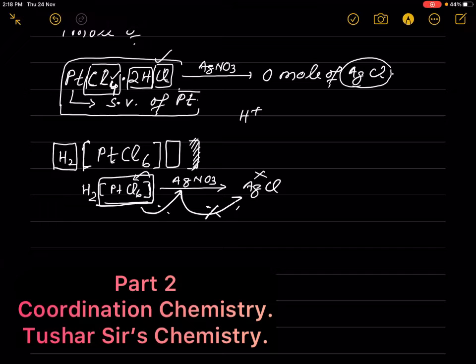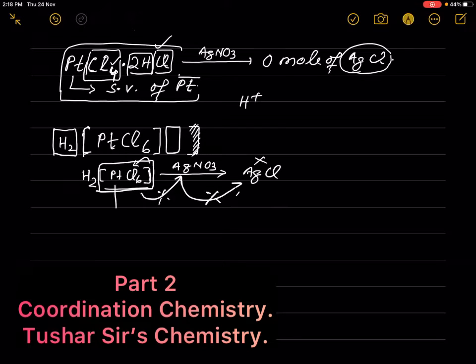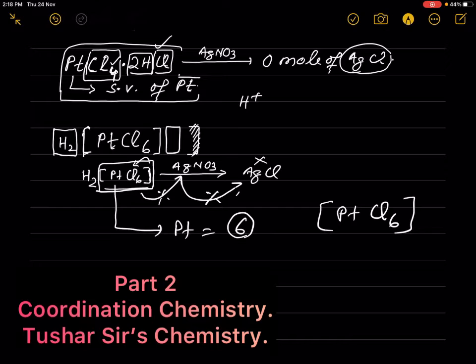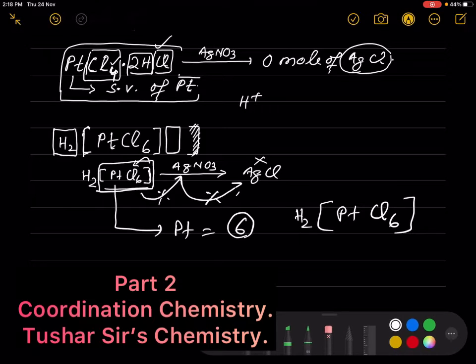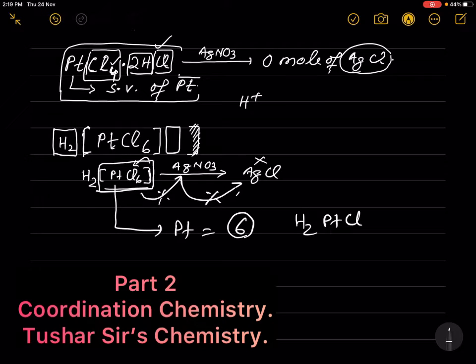So here the secondary valency of Pt is definitely 6, because in H2PtCl6 Pt is bonded to 6 Cl minus ions.